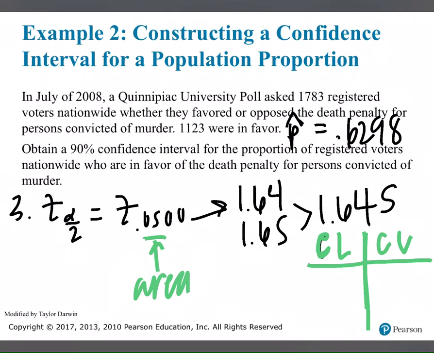And it gives the confidence levels. So, for example, ours is 90%. So I'd put 0.9. And the number that goes with it is 1.645.